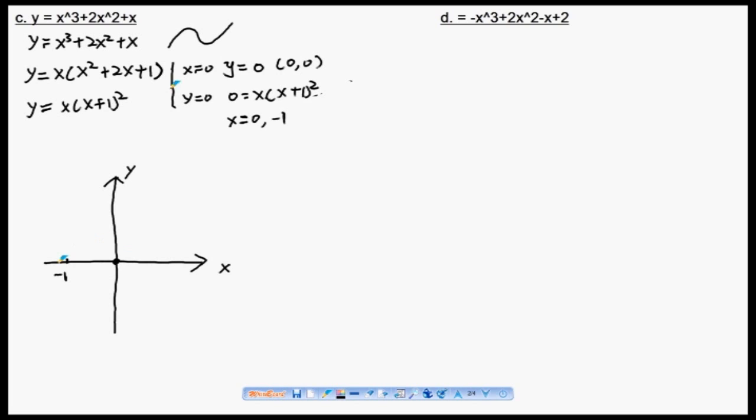So the graph would look like this, something like that.